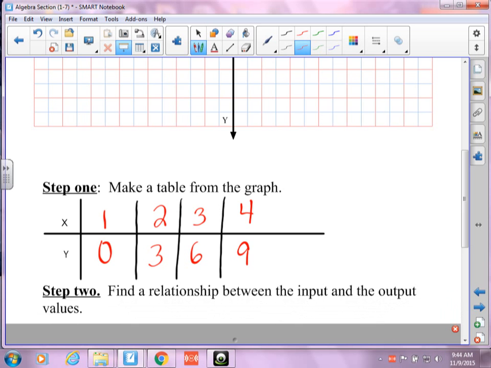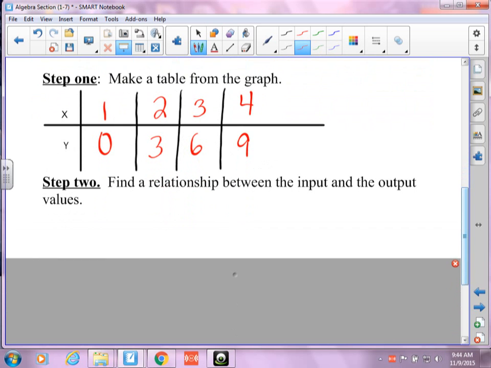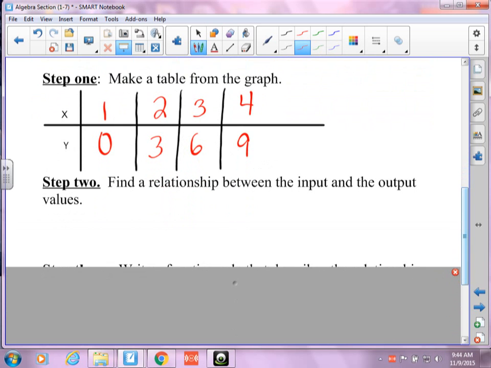Second step, find the relationship between the input and output. Okay, so what's going on? And we've done this before, remember? It was on the quiz, it says write a rule for the table. Okay, what's going on between the domain and the range? What do I do to the X to get the Y?